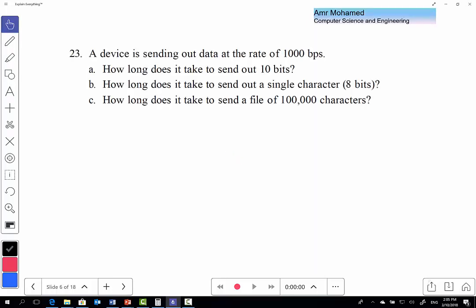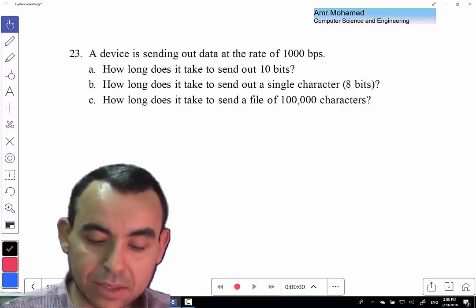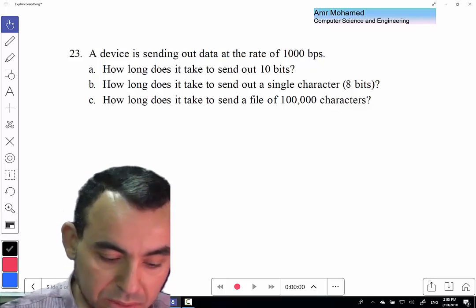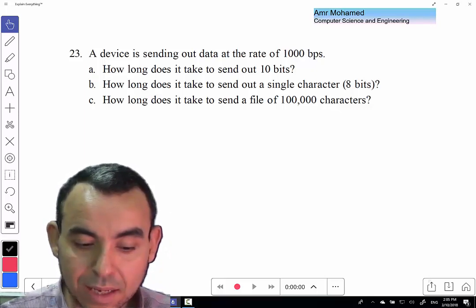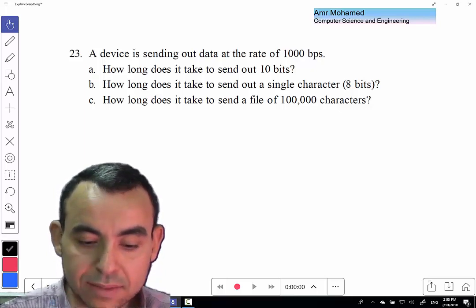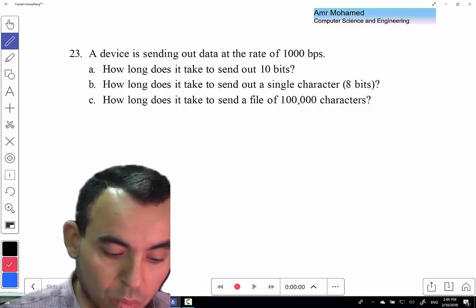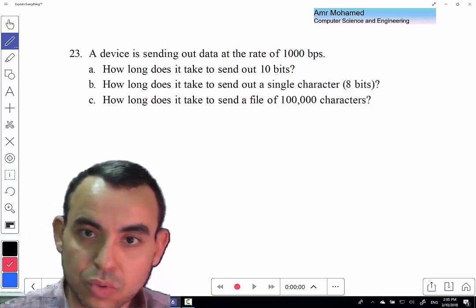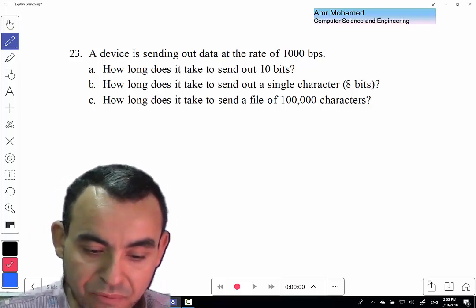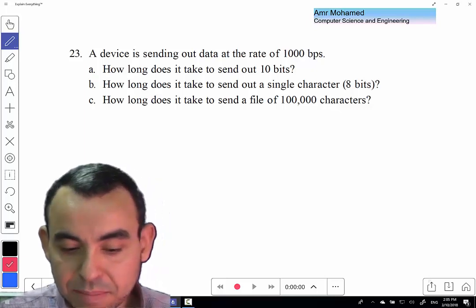All right, so next exercise talks about a device sending out data at a rate of 1000 bits per second. So how long does it take to send out 10 bits? Well, the best approach to go about this exercise is to use the X rule. What is the meaning of the rate?